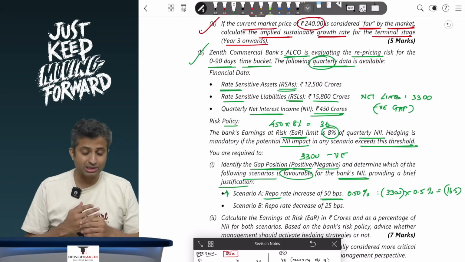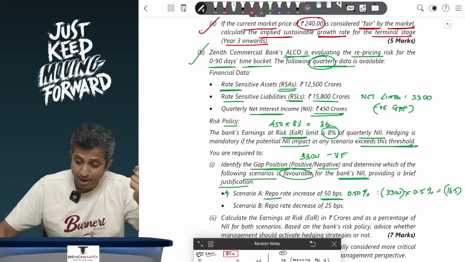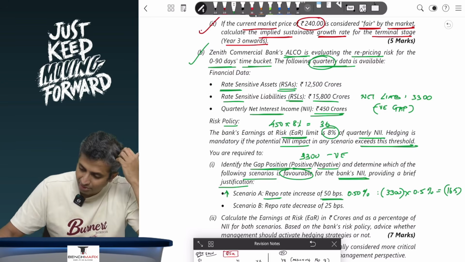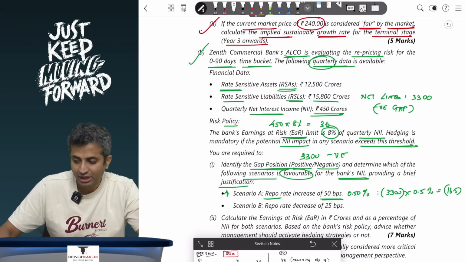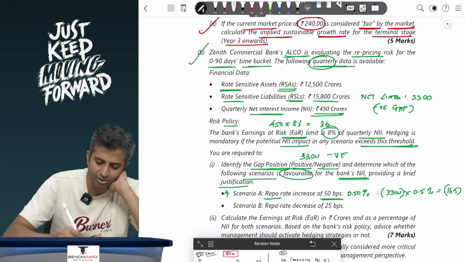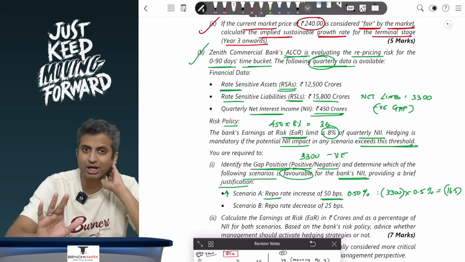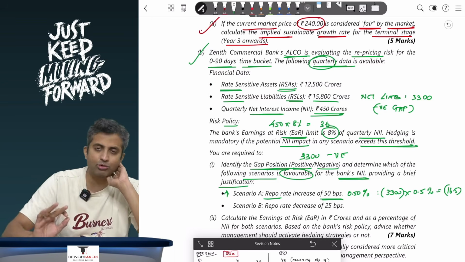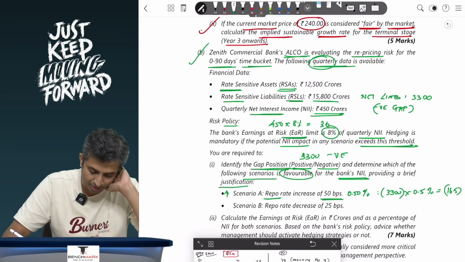So if the rate increases, it increases for the assets also, liabilities also. But beyond 12,500, for the additional 3,300, it is just a liability, and hence if the rate goes up by 0.5%, that would result in a 16.5 loss for us. It is still within the threshold of 36, and hence you might not need separate hedging, but there will be a reduction in net interest income by 16.5.